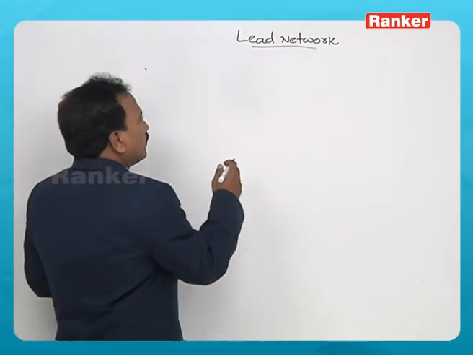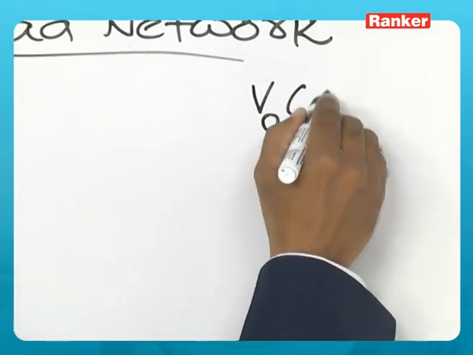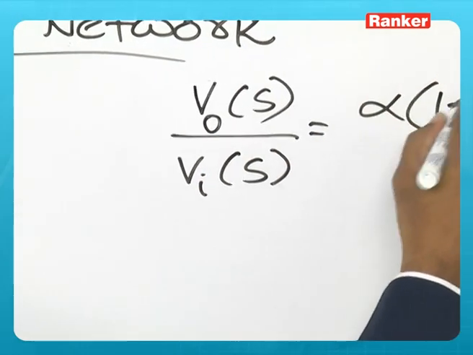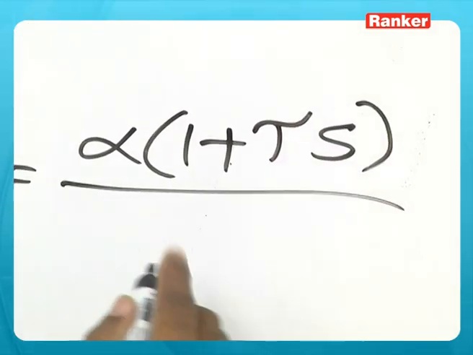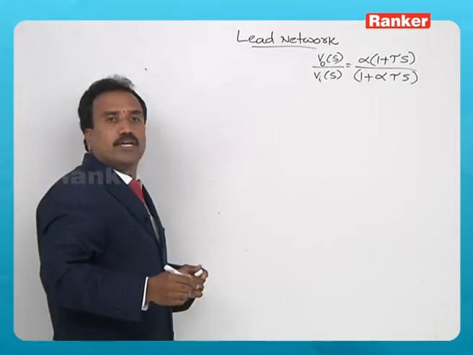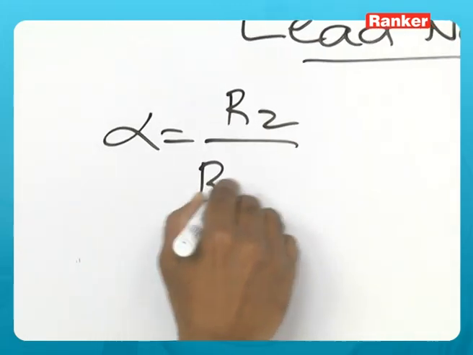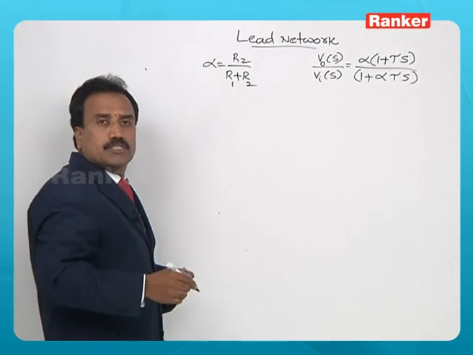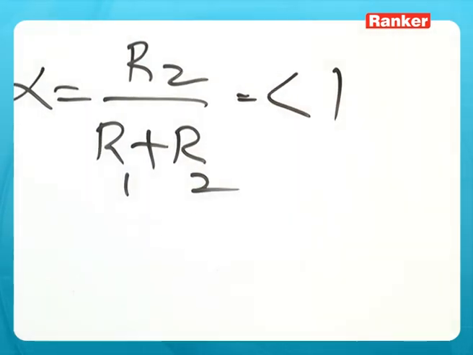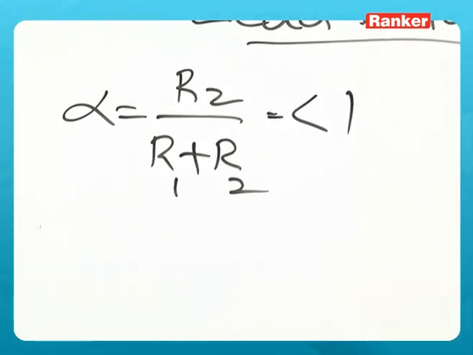So the transfer function of the lead network is given by alpha into (1 plus tau s) by (1 plus alpha tau s), where alpha is the constant R2 by (R1 plus R2). This is definitely less than 1. The value of alpha is less than 1 because the denominator is more.